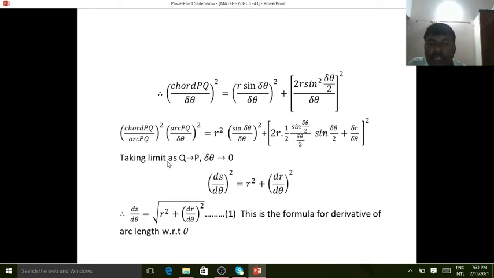So taking the limit as Q tends to P, delta theta tends to 0. So we have (ds by d theta) whole square is equal to r square plus (dr by d theta) whole square. Therefore ds by d theta is equal to the square root of r square plus (dr by d theta) whole square. This is the formula for the derivative of arc length with respect to theta.